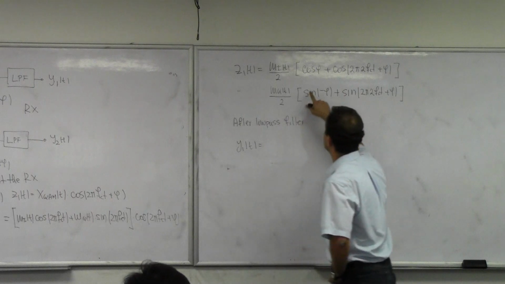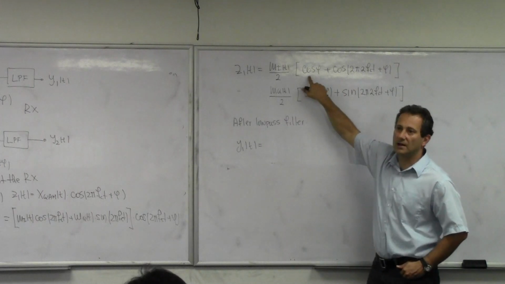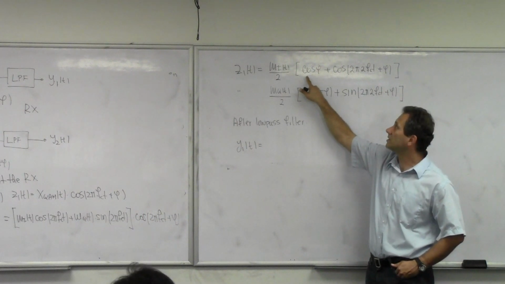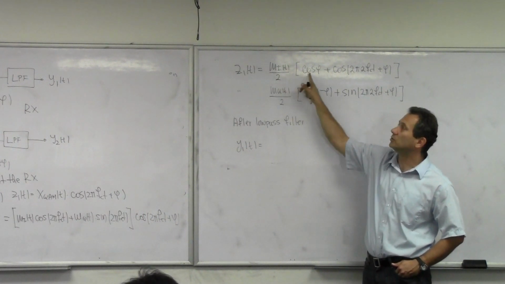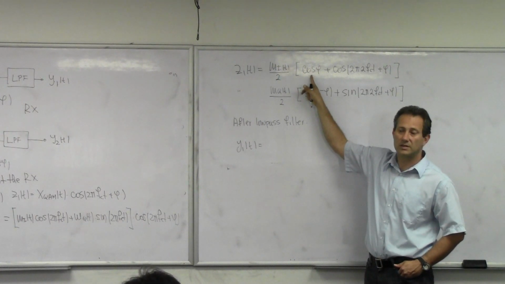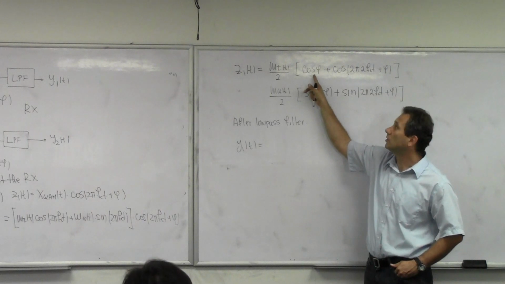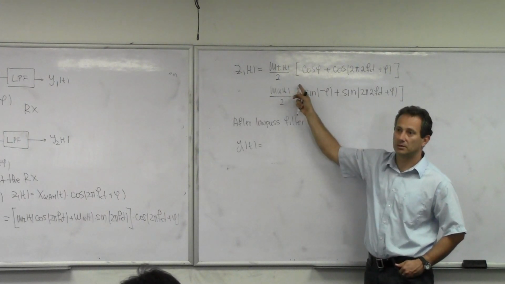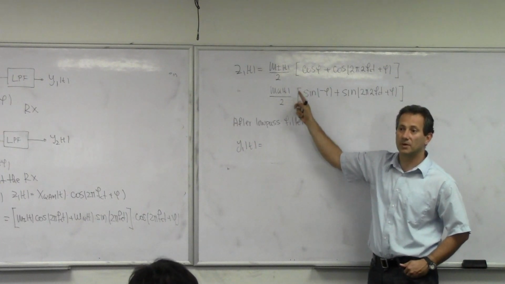Let's look at these individually. For any given phi, this is a constant, just cosine of phi, right? So where is the spectrum of mi of t over 2 times cosine phi? It's at the baseband, right, between 0 and W, right? So what does low-pass filter do to this part? It lets it go through, right?